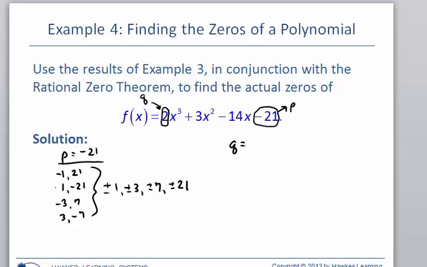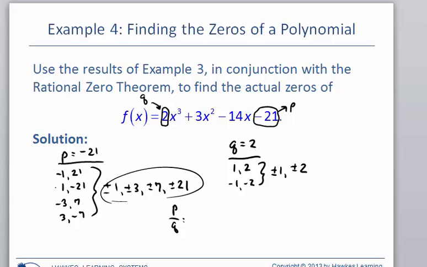All right, let's do the same thing for the 2, for the Q. So I could do 1 times 2. I could do negative 1 times negative 2. So my factors would be plus or minus 1 or plus or minus 2. All right, and then remember that your possible rational zeros are going to be found by doing P over Q. So we're going to take all of these P values and put them over 1.